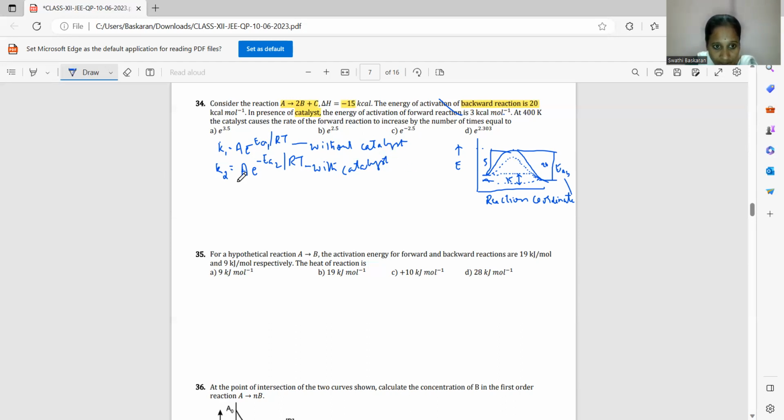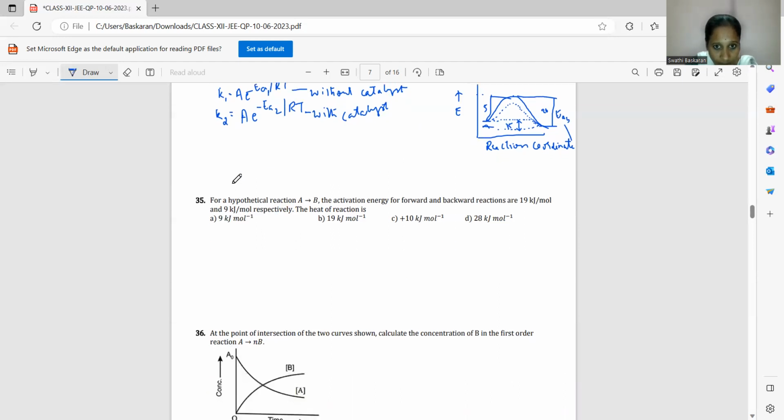Now what we are trying to determine is the ratio of K2 by K1. So how do we write it? K2 by K1 will be equal to A, and A gets cancelled. Then it will become e to the power minus EA1 by RT divided by e to the power minus EA2 by RT.